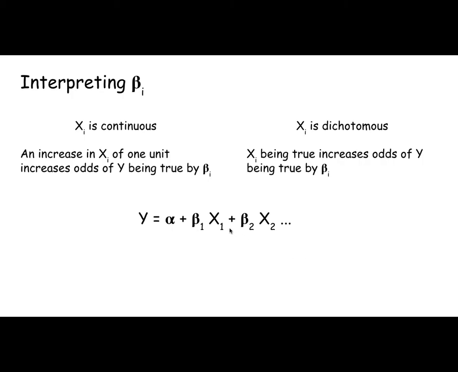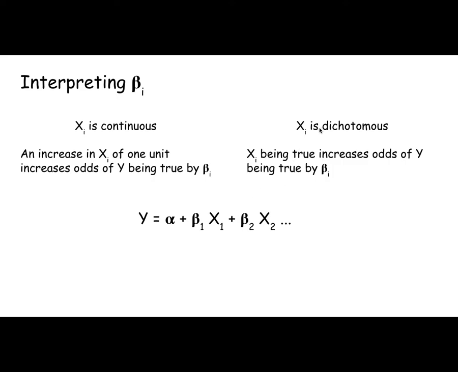Once you do, when you're trying to interpret what these betas mean, if this is some sort of continuous variable, so this is years of education, for example, an increase of 1 year in education increases your odds of getting a job or not going back to prison or not going back on drugs by beta 1.